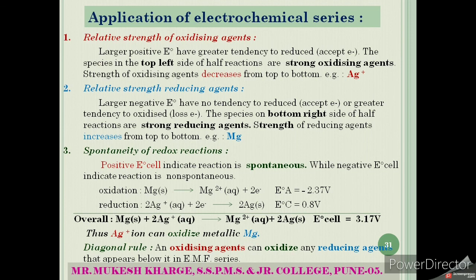So you can check the EMF series. Those elements which are placed below can be oxidized by those elements which are placed at the top. Okay, so this is about the application of the electrochemical cell.